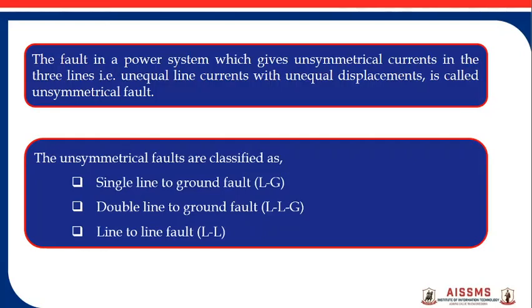Whenever an unsymmetrical fault occurs on the transmission line, in the alternator, or in the transformer, it results in unequal currents. That is, the magnitude of the fault current is different and the phase displacement is also unequal.